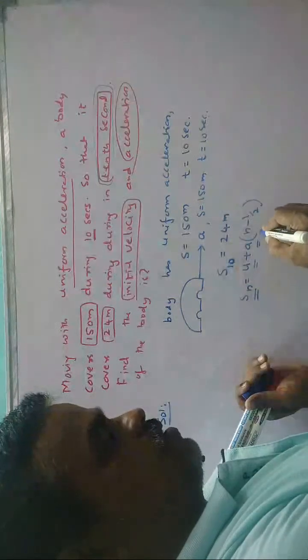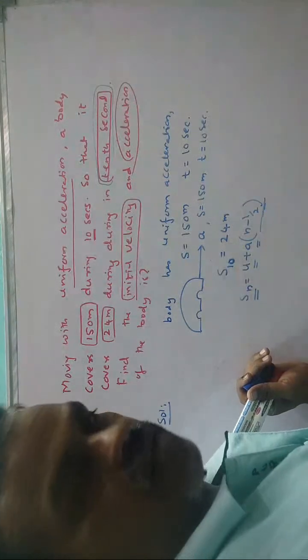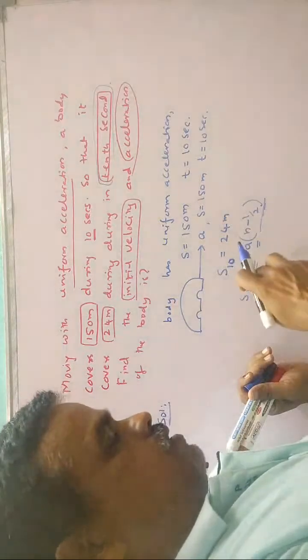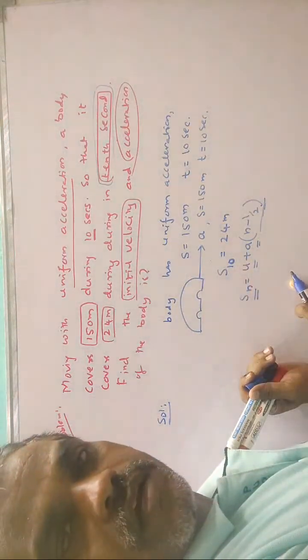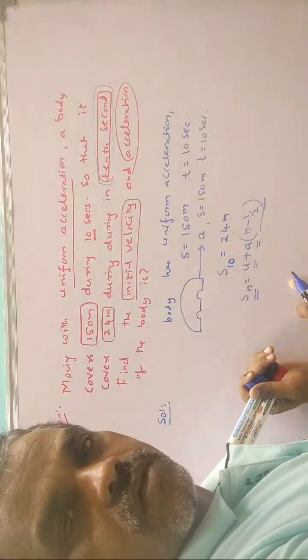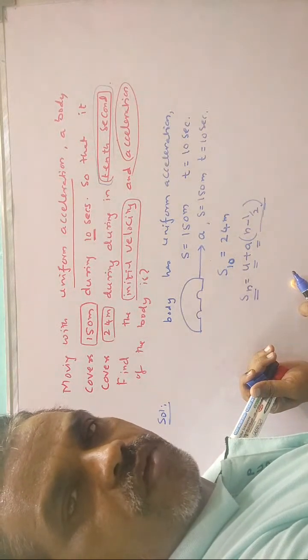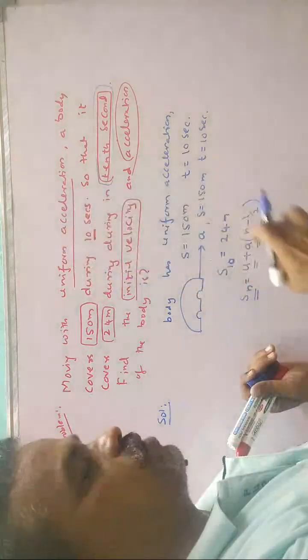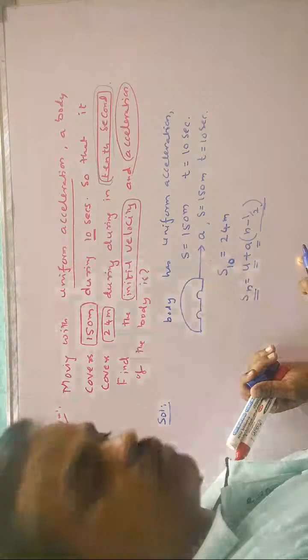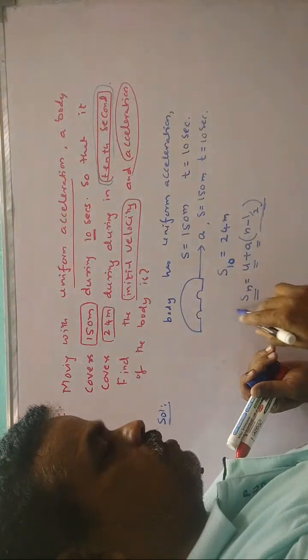This is the fourth formula of the kinematic equations of linear motion. I already explained in the last class how we use these 4 equations. Only when the body is in uniform acceleration can we use these 4 equations.